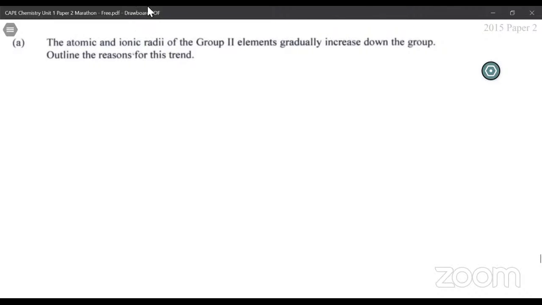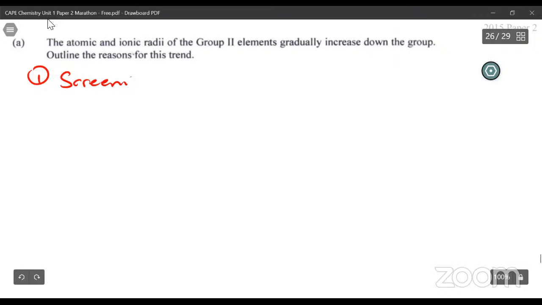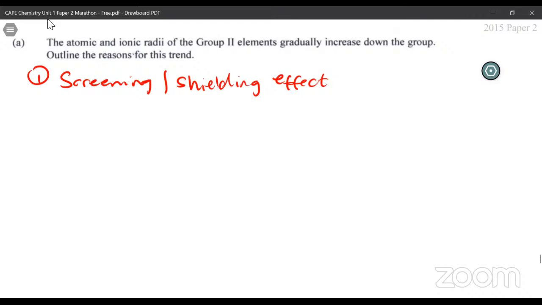First of all, the first thing you can talk about is the shielding or screening effect. As you go down the group, you're adding a shell.